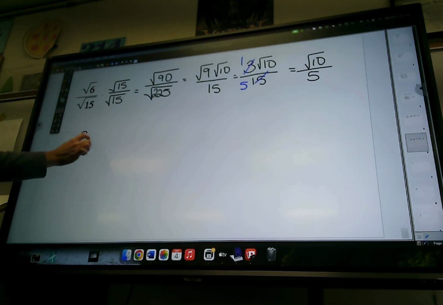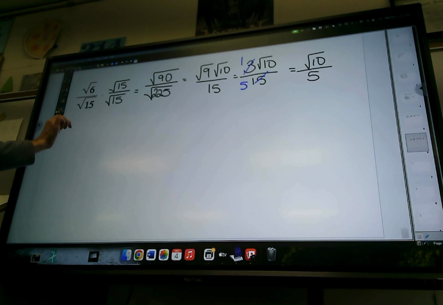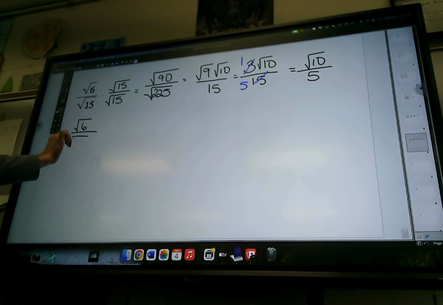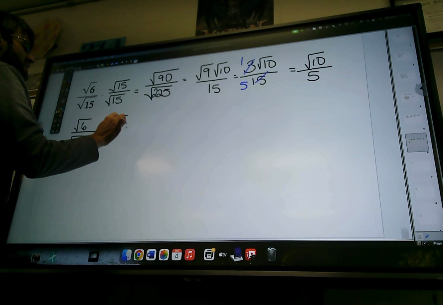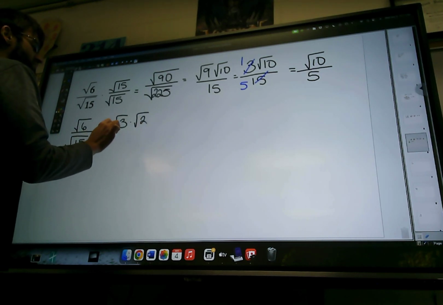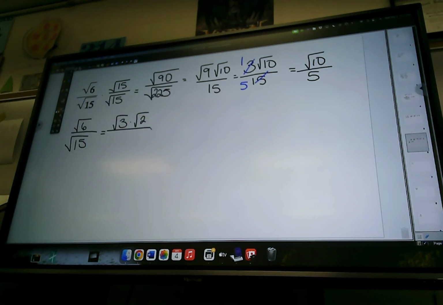Now I am going to do this in a completely different way. I'm going to rewrite it again. Am I able to call the square root of 6 the square root of 3 times the square root of 2? Is that the same thing as square root of 6? Yep.